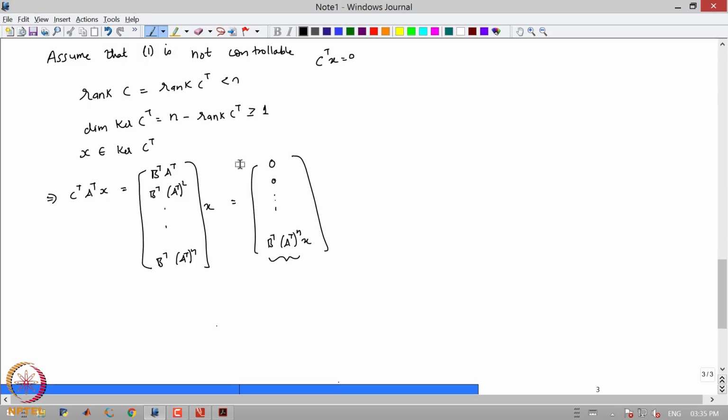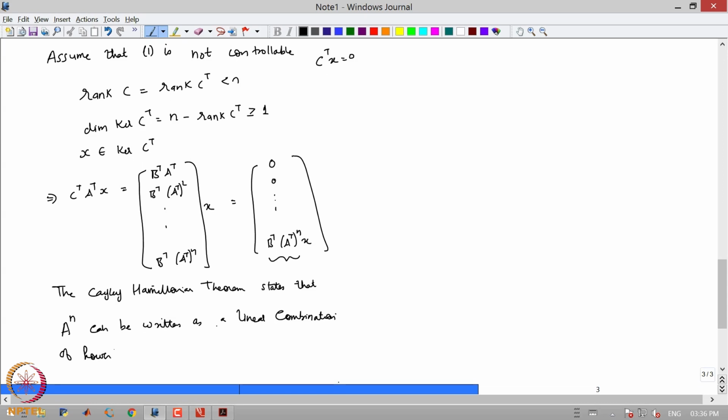So, the Cayley-Hamilton theorem states that A power n can be written as a linear combination of lower powers of A, that would be from A power 0 till A power n minus 1.